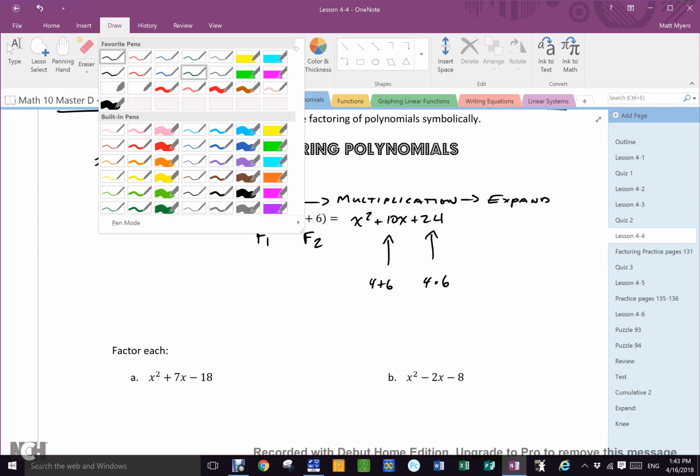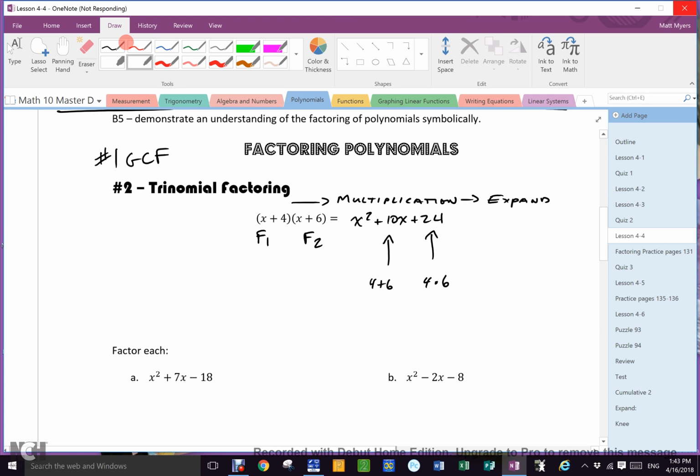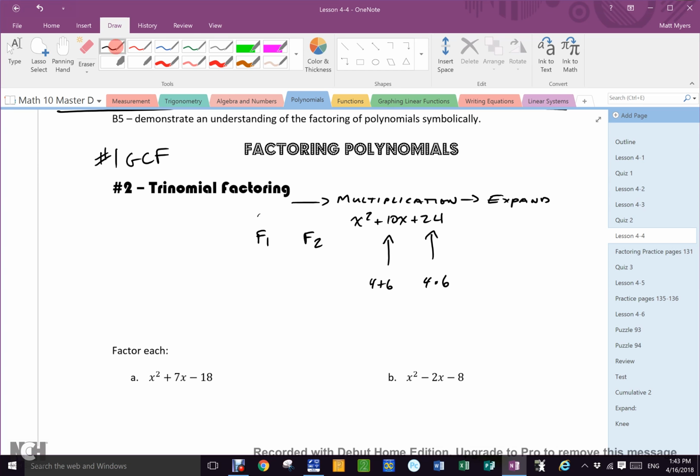Now, if all of this was gone, and I told you to go the other way, going that way is what we call factoring.